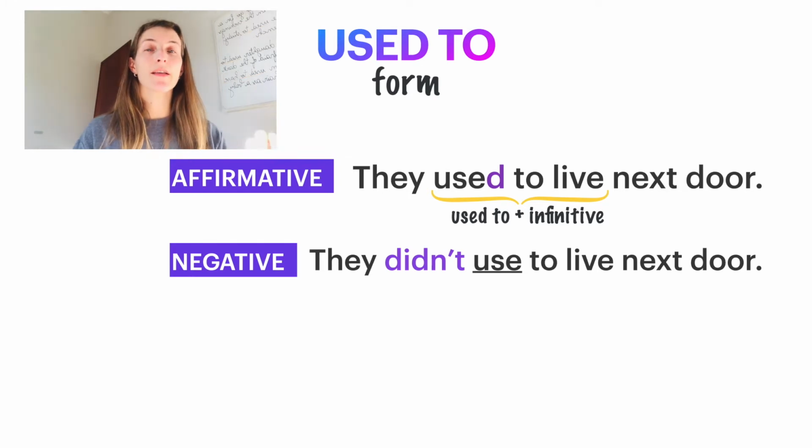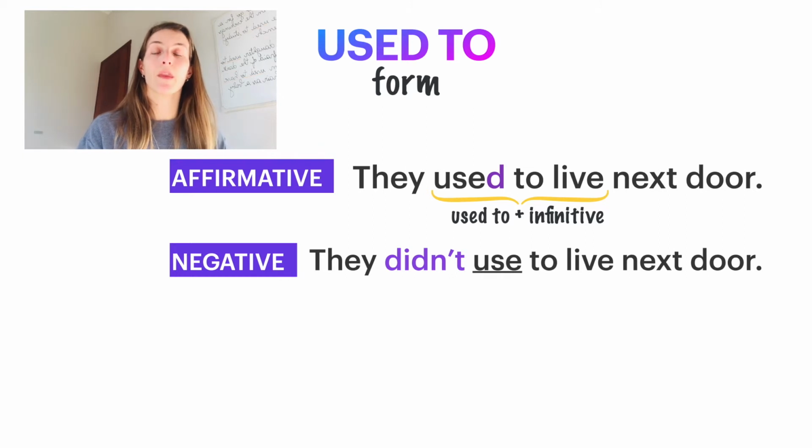Ya el auxiliar didn't, que es el auxiliar de la negación, me está indicando negación y me está indicando que estamos hablando en tiempo pasado. Por lo tanto, el resto de los verbos van a estar en infinitivo. El verbo use, in this case, is going to be in the infinitive. They didn't used to live next door.